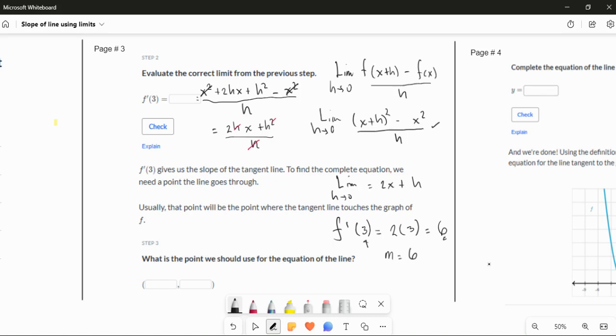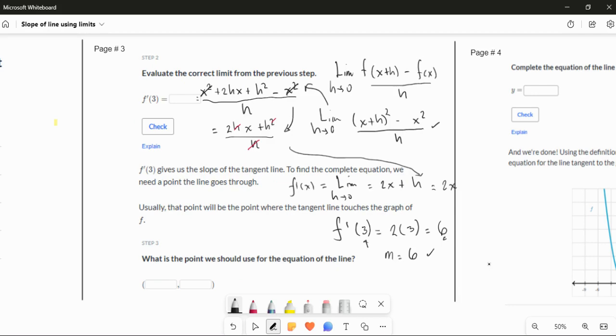So I move from this to this, and then this to this, and these to this one. Right after this, I just evaluated the limit, and the limit as h approaches 0 of this expression is 2x. Now, this is f prime of x. If I evaluate at x equals 3, f prime of positive 3 is equal to 6.